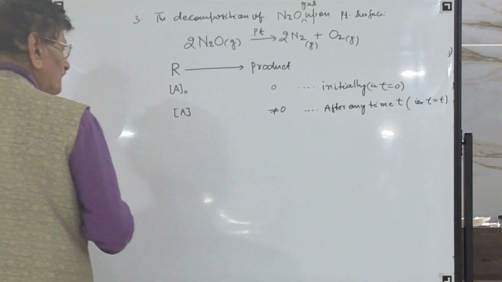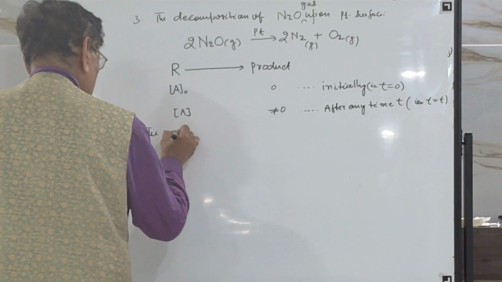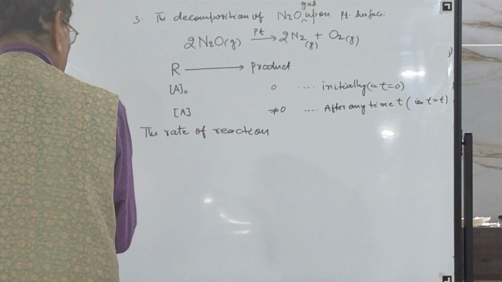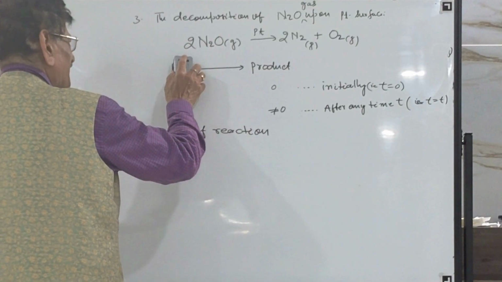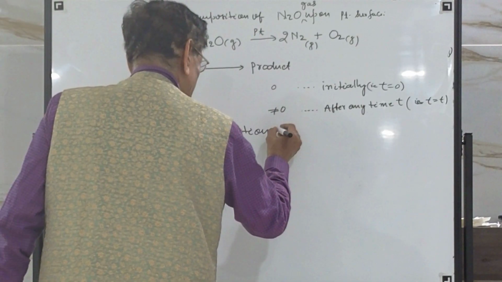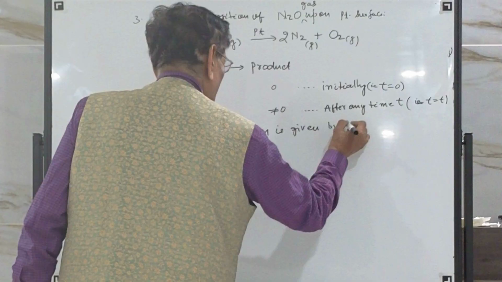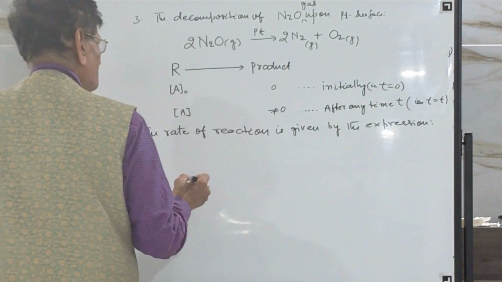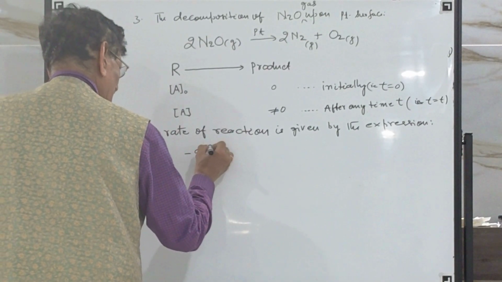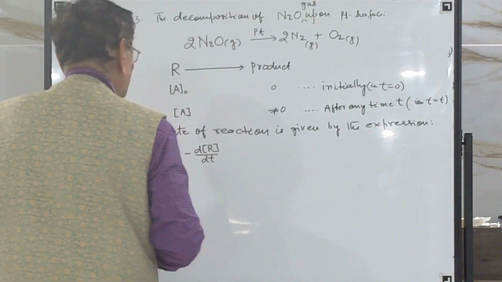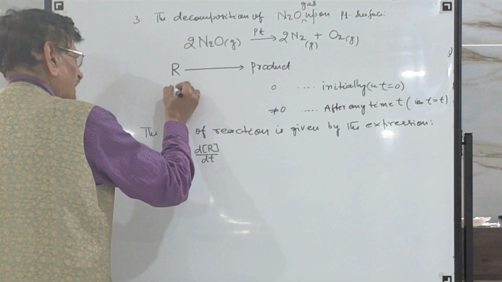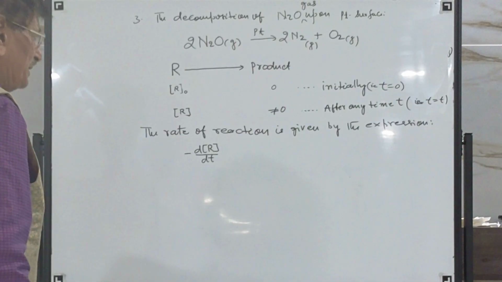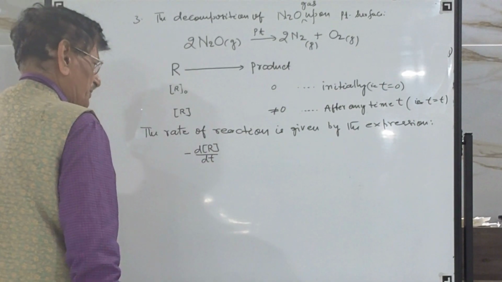Now, according to the rate of reaction, suppose this is a zero order reaction. Suppose the rate of reaction is given by the expression minus dR by dt.